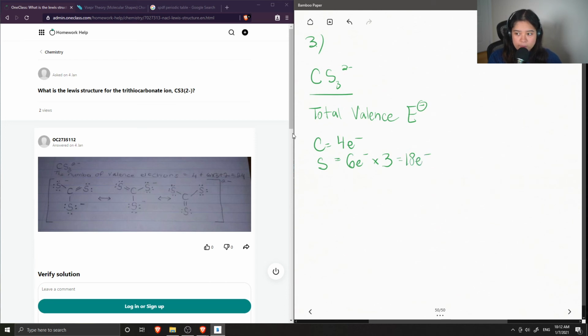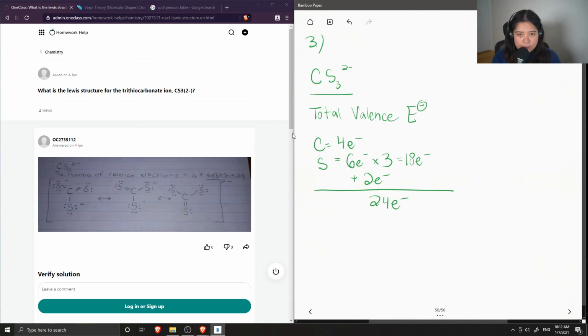And notice that the ion has a -2 charge, so I'm going to add an additional 2 electrons to our total number. And we have a total of 24.